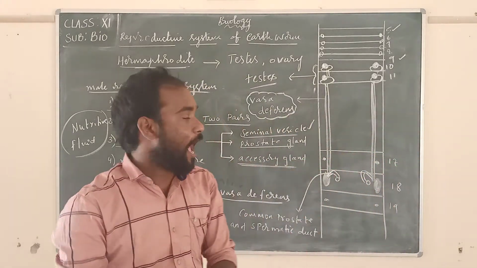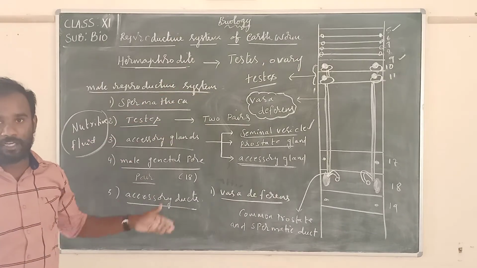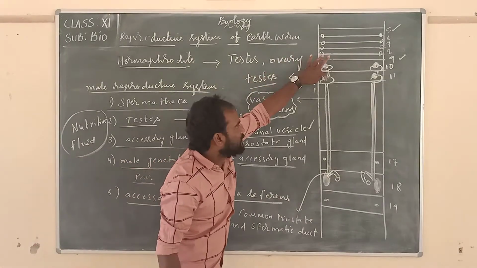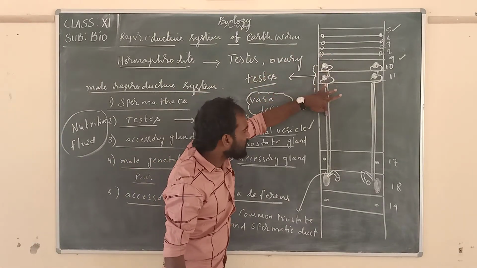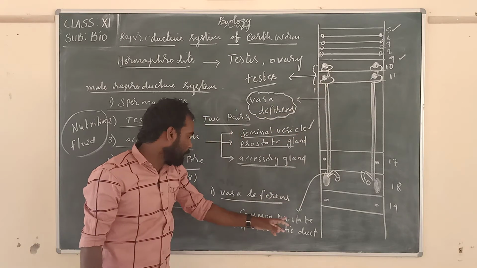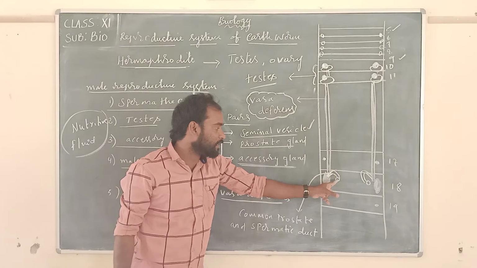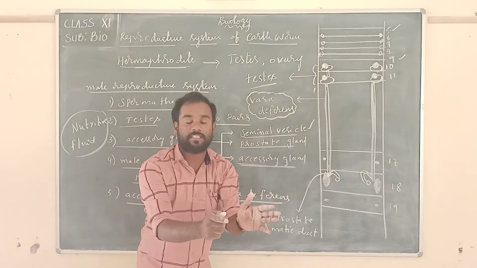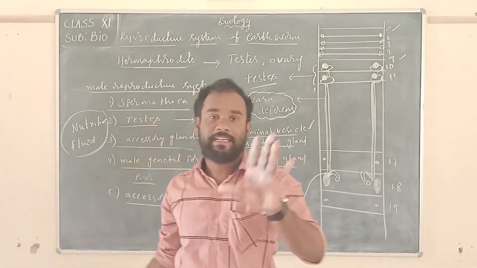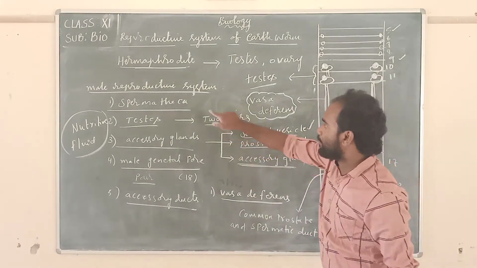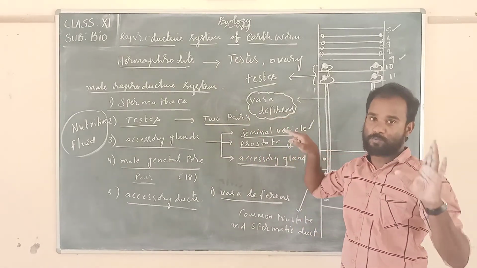That is what happens during copulation. So, testis to vas deferens to common prostate and spermatic duct, then male genital pore, and from the male genital pore, the sperms will be discharged out. Spermatheca is the temporary storage of sperms.